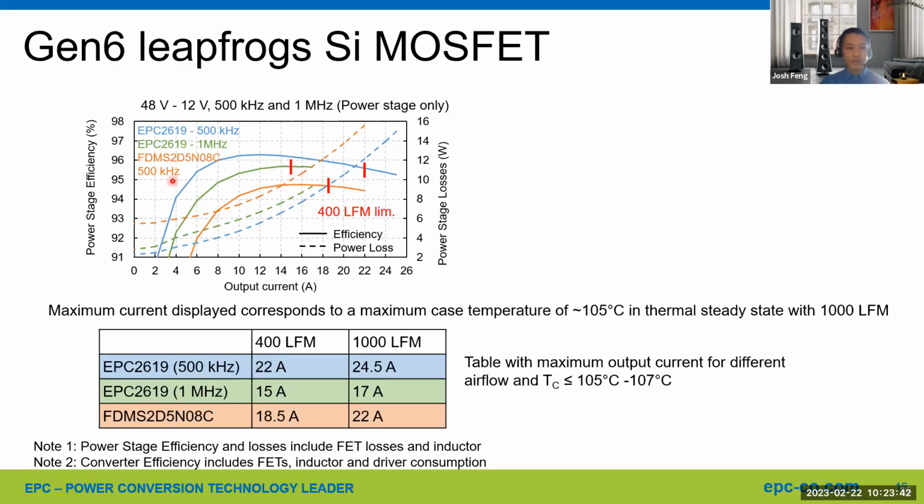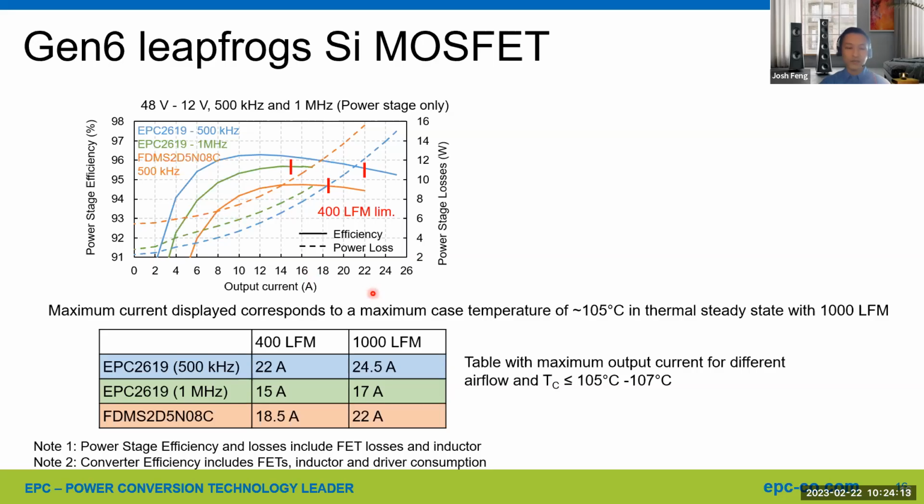If you compare a 2619, with exactly the same switching frequency and exactly the same inductors, it can provide 2% higher efficiency at mid load, and about 1.5% at heavy load. And if you were to benefit from higher switching frequency or smaller inductors, for example 1 megahertz in this case, the green line is still at least 1% better than the 80 volt silicon device out there.